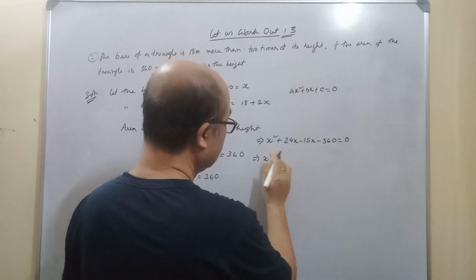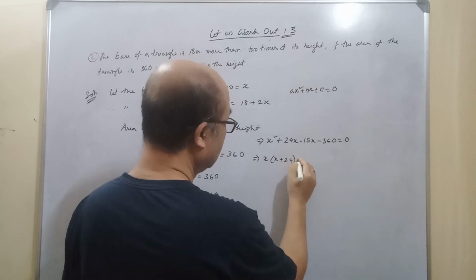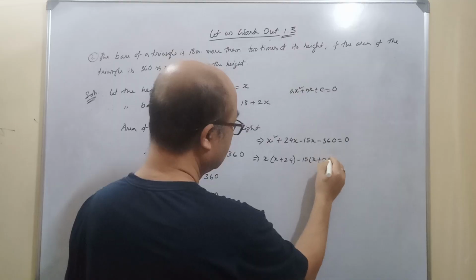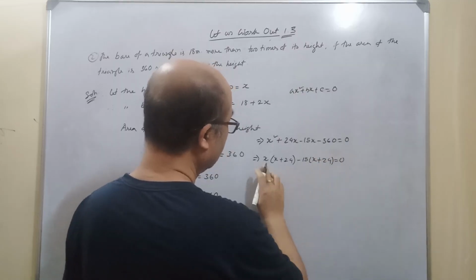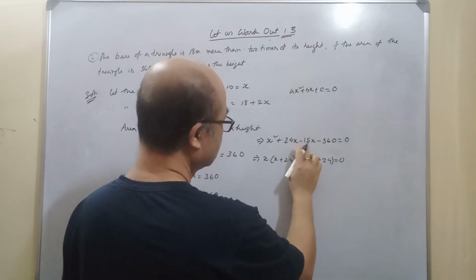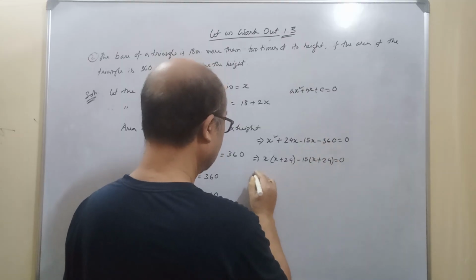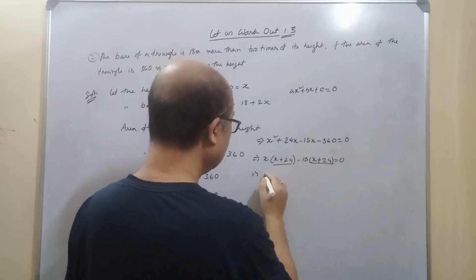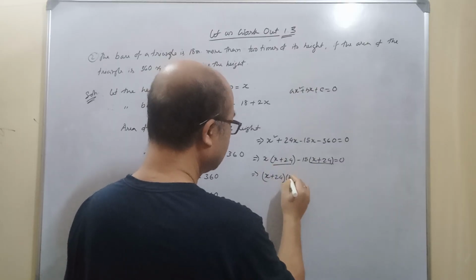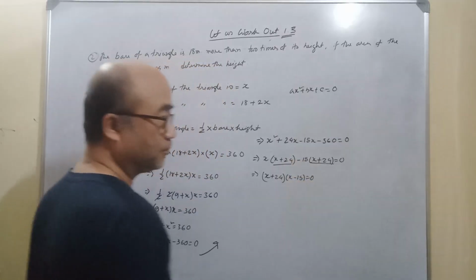So this is equal to x into x plus 24, minus 15 into x plus 24 equal to 0. X into x, x square, x into 24, 24x, minus 15x, minus 15 into plus 24 is minus 360. So this one is common, x plus 24, so x minus 15 equal to 0, right?